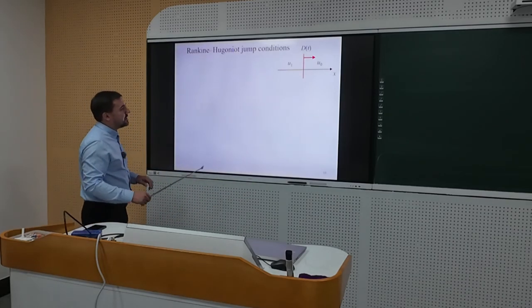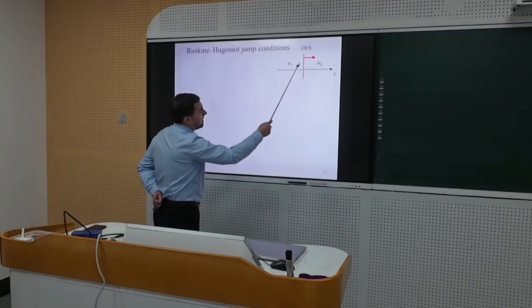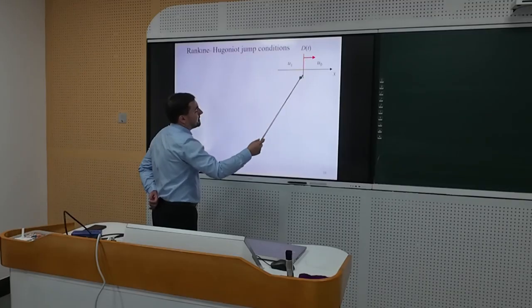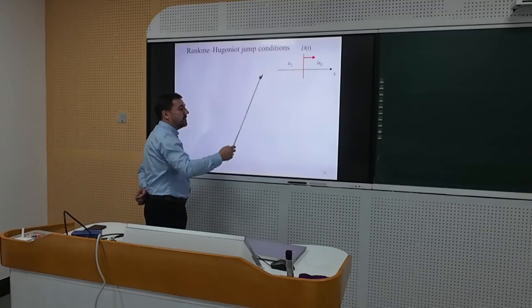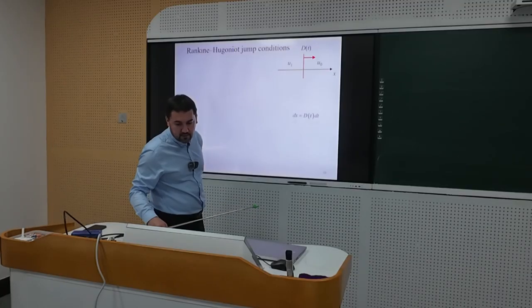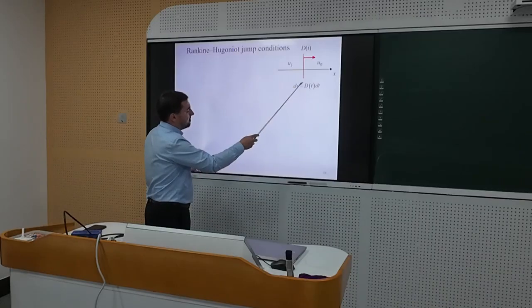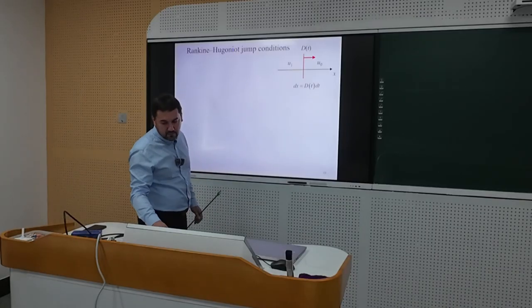So consider the shock wave that propagates, and u sub 0 is the parameters in front of the shock wave, and u1 the parameters behind the shock wave. D is the velocity of propagation.